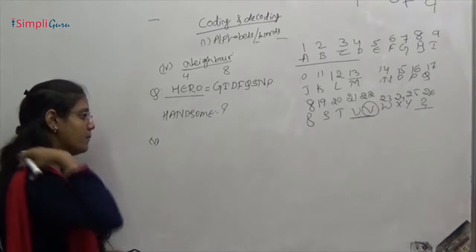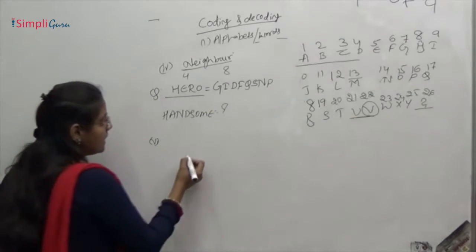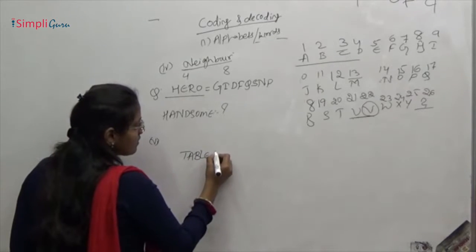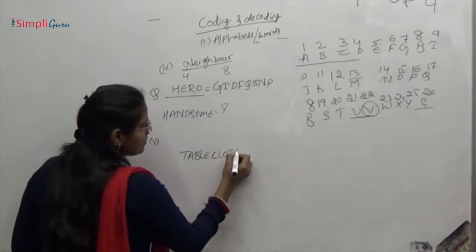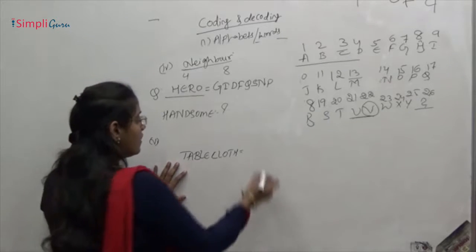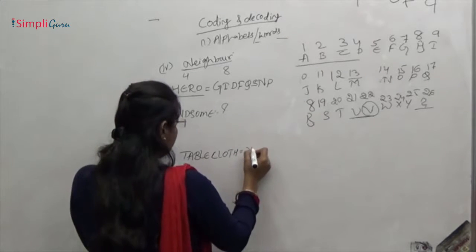Next is the fifth type. See, I'll be taking a word. Tablecloth. Now I am coding with the alphabet.